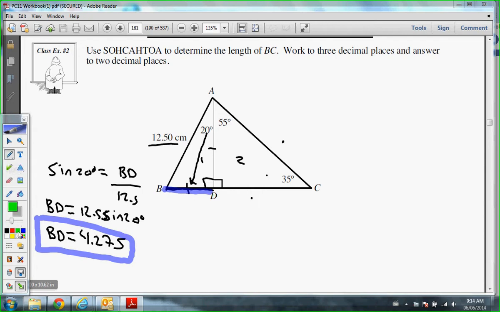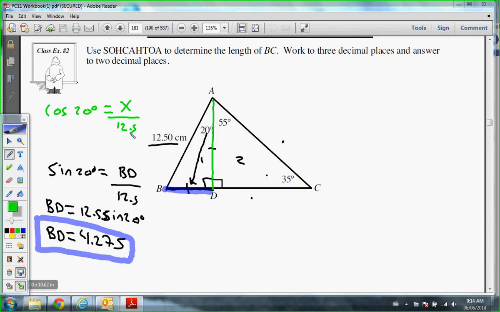Okay, now we're going to find the other side, this side, so that'll help us get into triangle 2 since they share that side. So I'm going to use the same degree. So let's go 20, it's adjacent over hypotenuse. So let's go cosine 20 equals x over 12.5. You can do Pythagorean as well. Yeah, I think this is a little faster.